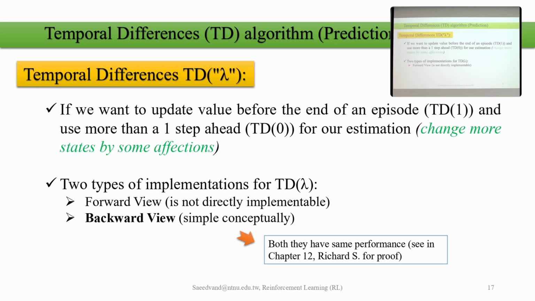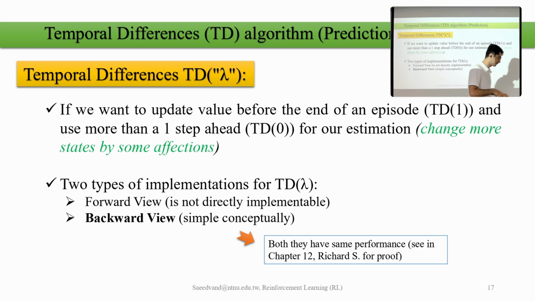One is the forward view, and the second is the backward view. The forward view is not directly implementable and is a little bit challenging and complex, but the backward view is simpler and better to understand. Both are doing the same thing, and the results of both are the same. They are also proven. Because of that, we are only going to talk about the backward view.